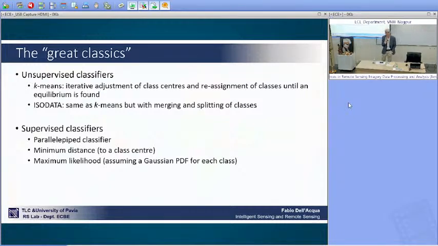One way of making them as small as possible is maximum likelihood, meaning that when you use a maximum likelihood classifier, you define a model for the probability distribution of samples belonging to a certain class, which is Gaussian, multivariate Gaussian.